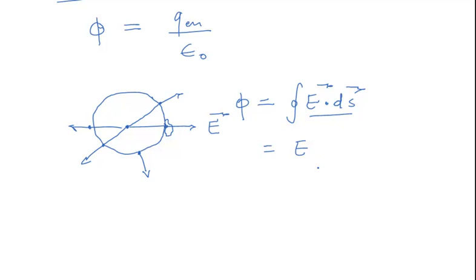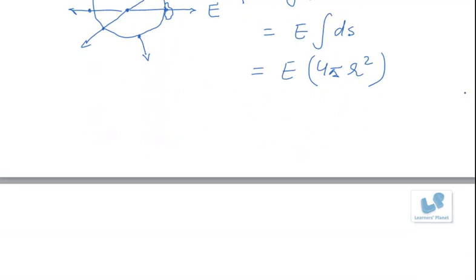So the angle between the two is 0, so it can be written as E ds, E being constant because it's a symmetric case. And for a sphere, the value of the integral of ds will be 4 pi r square.